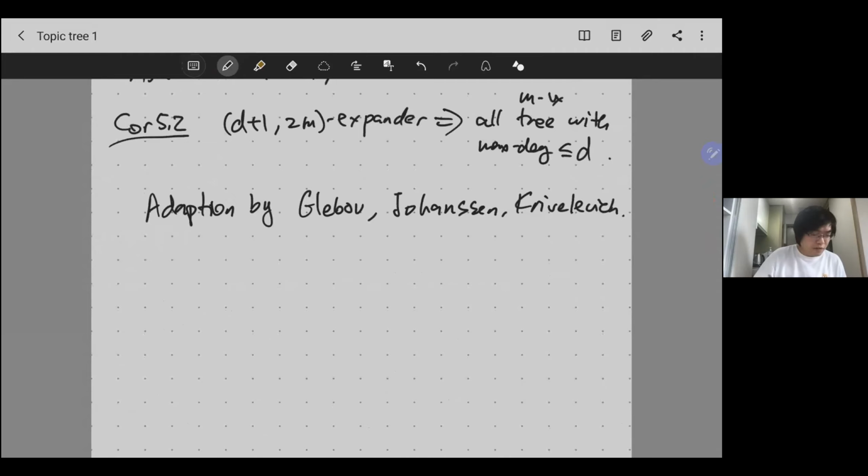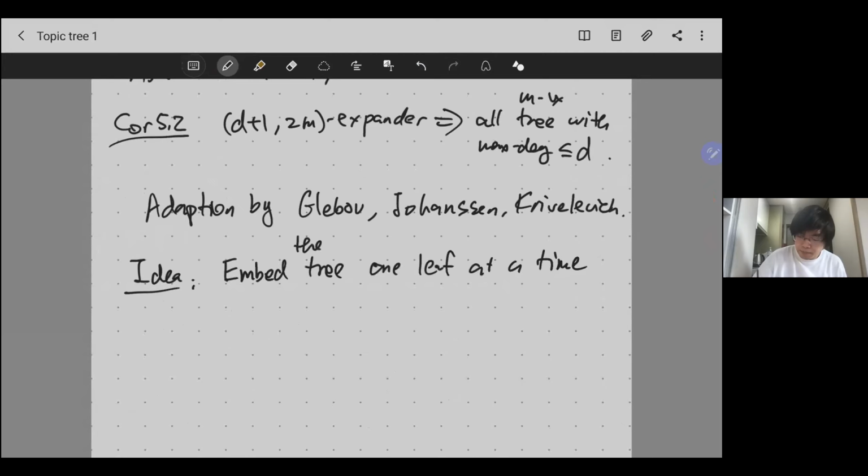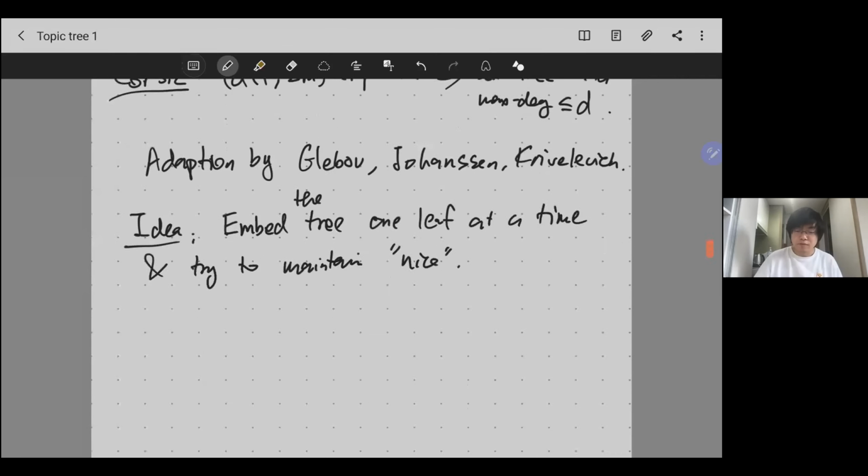Okay, so a key definition according to this adaptation, so the idea, let me write it down, what I just said, is to embed the tree one leaf at a time and try to maintain niceness. Okay, let me make it not very rigorous.